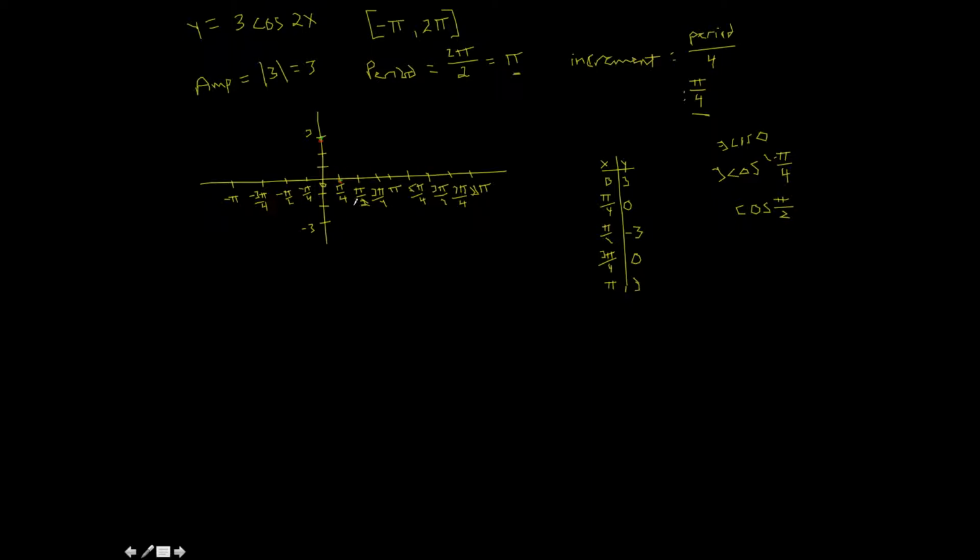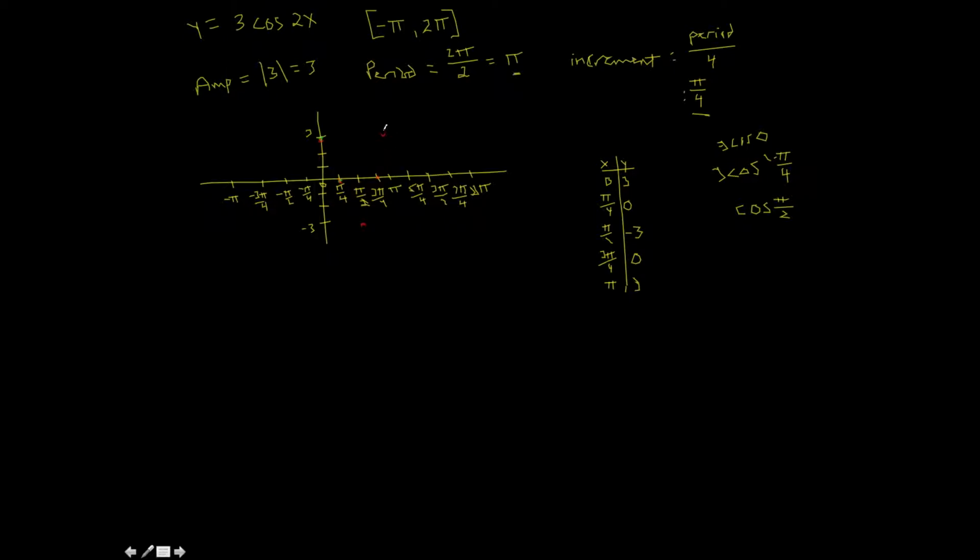This is going to be pi over 2, negative 3. This is going to be 3 pi over 4, 0. And this is going to be pi, 3. Now, you should be able to figure the rest of them out from this.